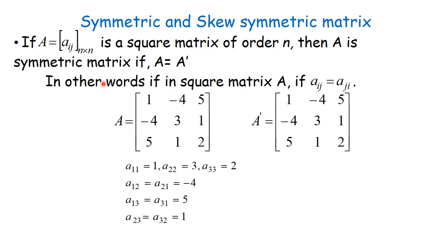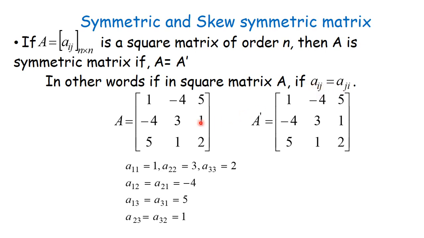In other words, I can say that any square matrix A will be a symmetric matrix provided a_ij is equal to a_ji. Means a_12 is equal to a_21, a_23 is equal to a_32.